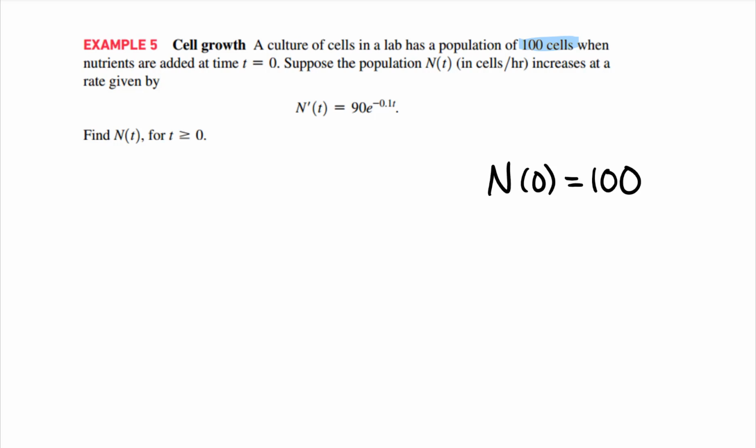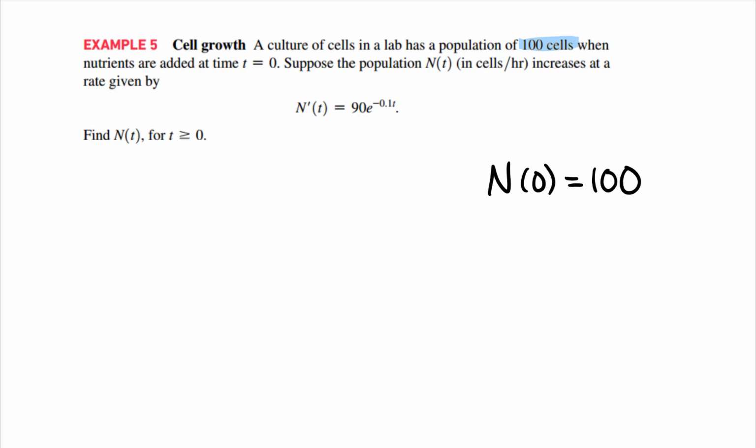Again, another example straight from your text, so you can go and look at it again if you'd like to. So suppose the population, N of t, in cells per hour increases at a rate given by 90 times e to the negative 0.1 t.